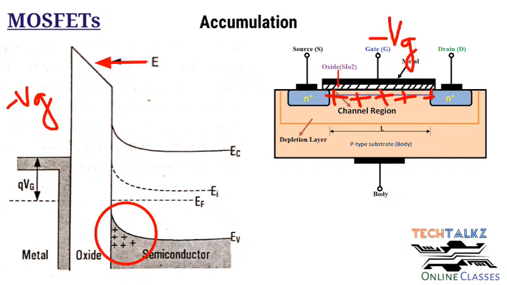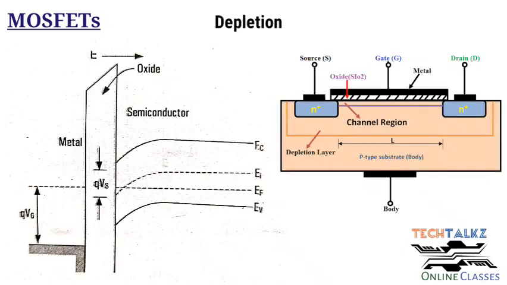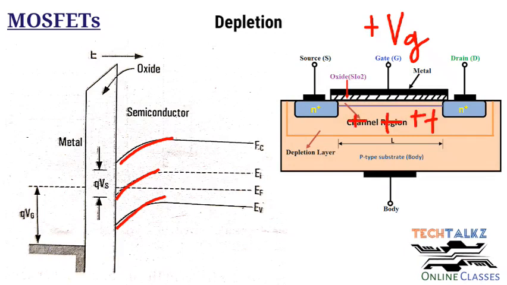Okay. Next is depletion. That is, if we apply a very small positive potential, in this case the semiconductor band bends downward. Since you are giving a positive gate voltage, the holes at the interface will move away, or get depleted. Here you can see the valence band moving downward.